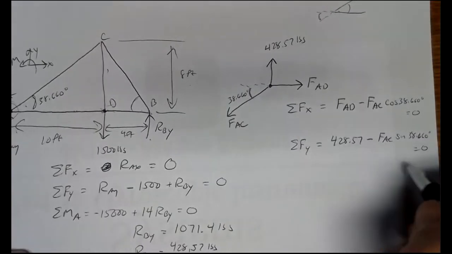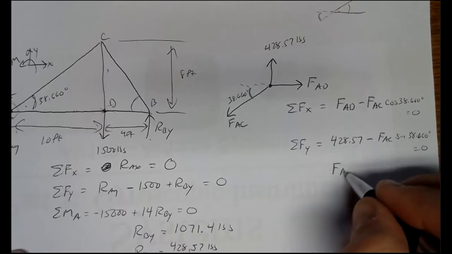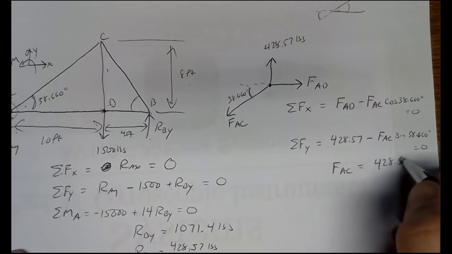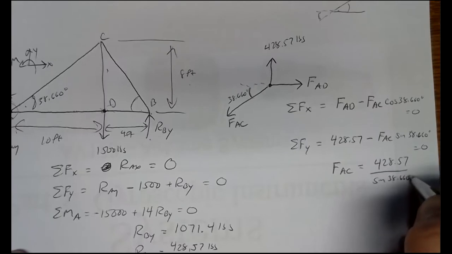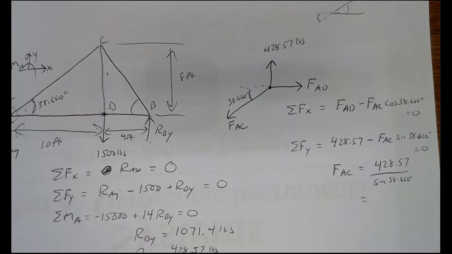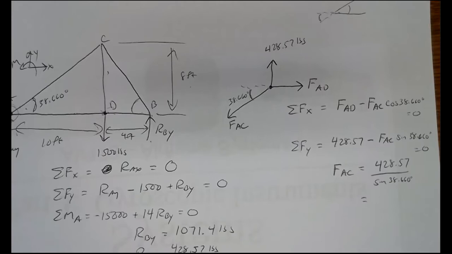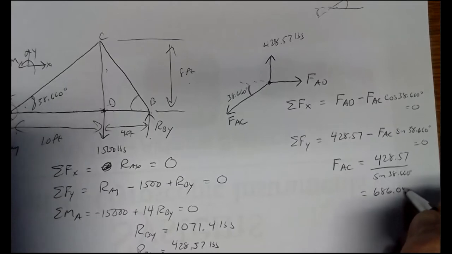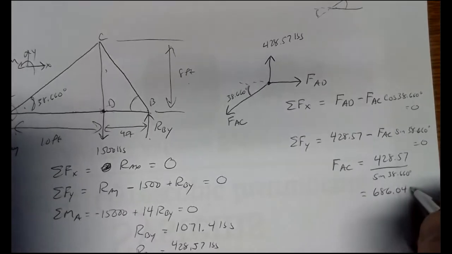If we rearrange this a little bit, and I'll leave the algebra to you, FAC would be 428.57 divided by the sine of 38.660 degrees, which comes out to be 686.04 pounds.